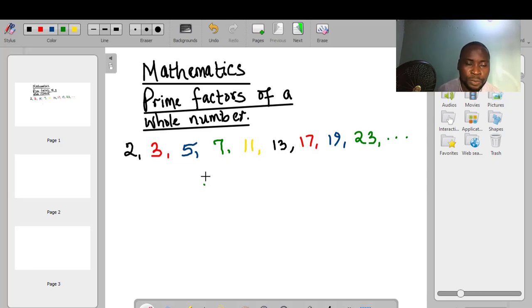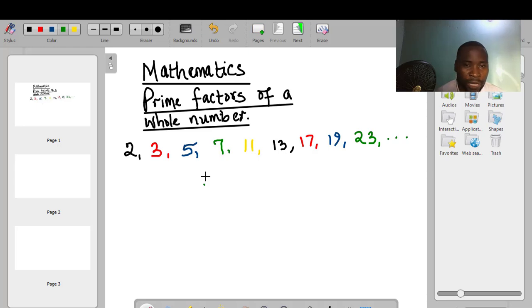Yes, we introduced prime numbers and we said they were numbers that had only two factors. And we said in the previous video that the first factor of a prime number is 1, and the last factor of a prime number is itself. So we gave examples: 2, 3, 5, 7, 11, 13, 17, 19, 23, 29, 31.